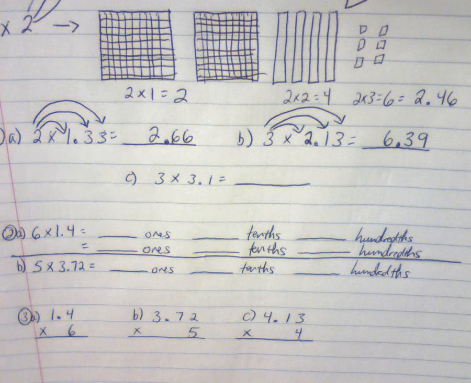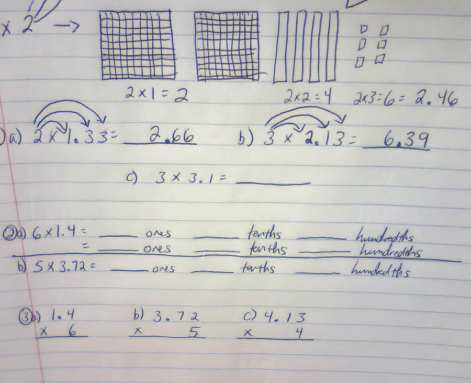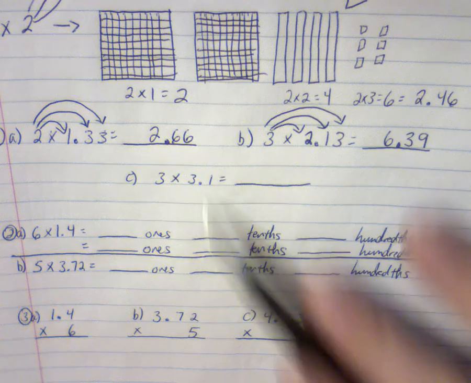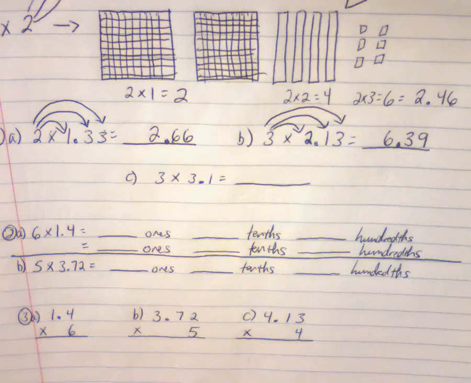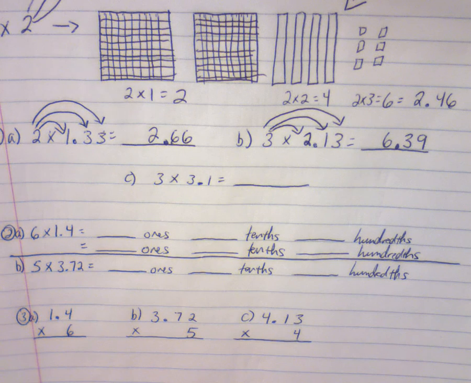Now I would like you to do C on your own in a Google Doc, and just be careful of where the decimal is and how many places. Do the arrows if you have to, but always start on the far right. So I want you to do question 1C in your Google Docs, please.